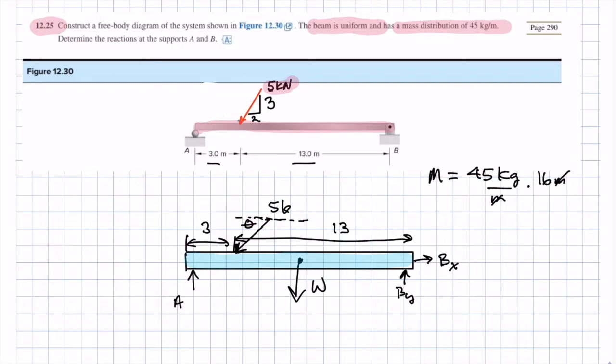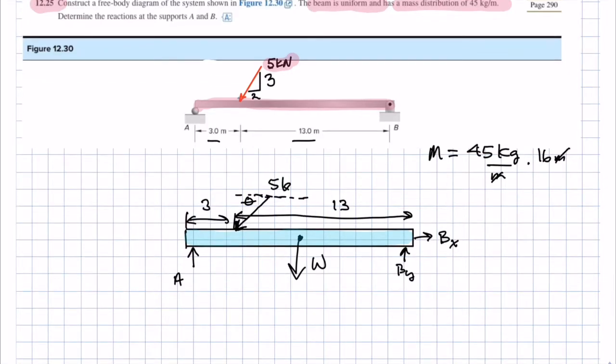So that gives us a mass of 45 times 16. This weight, the W quantity, would be 45 times 16 times gravity, in newtons. That's one of the things you need to know.